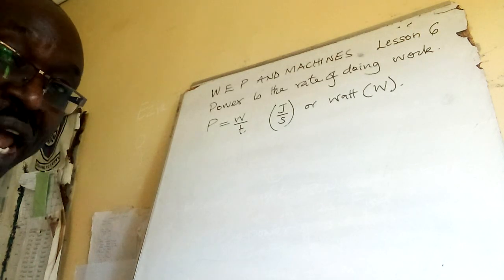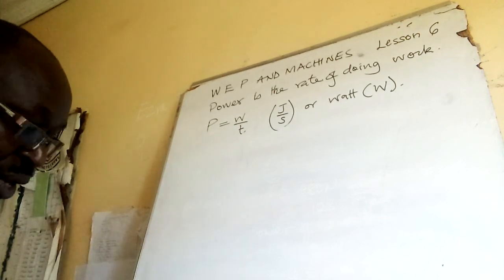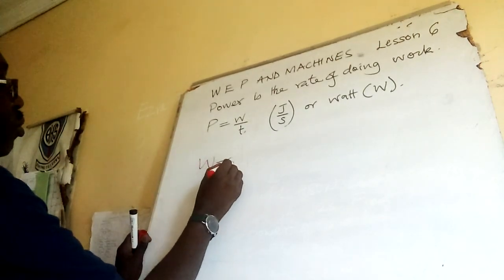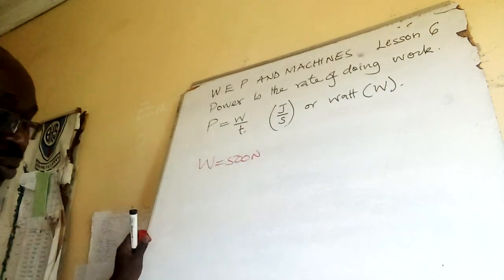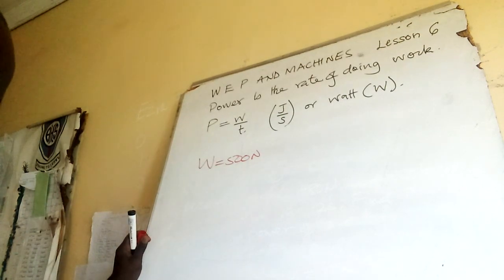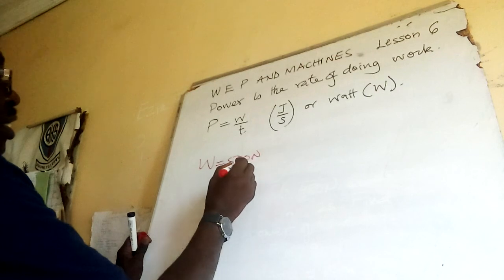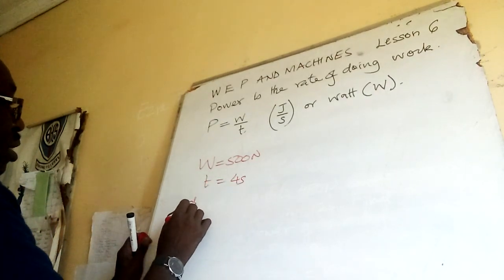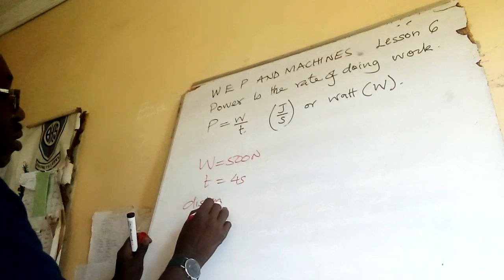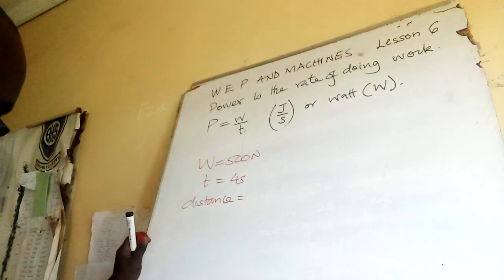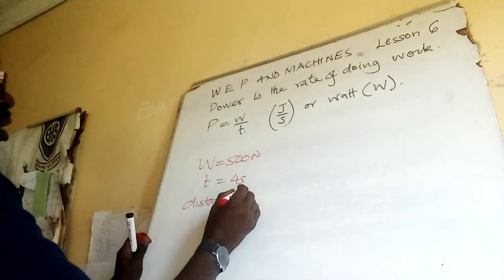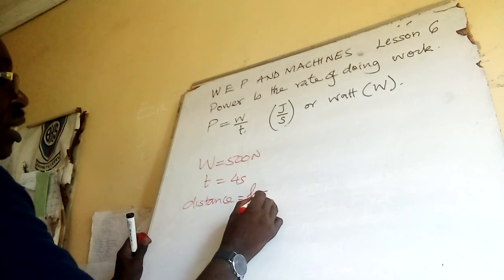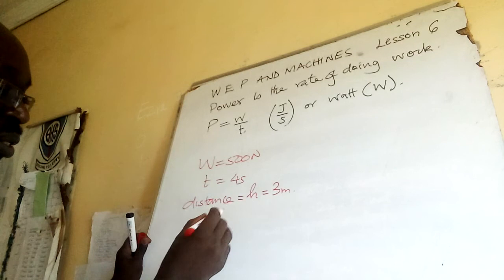A person weighing, so we do weight is equal to 500 newton, okay, takes 4 seconds, time is 4 seconds, and then distance is equal to 3 meters. So we are given a height, which is the distance is 3 meters.